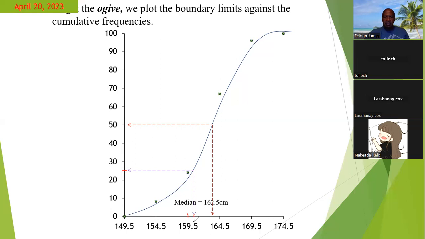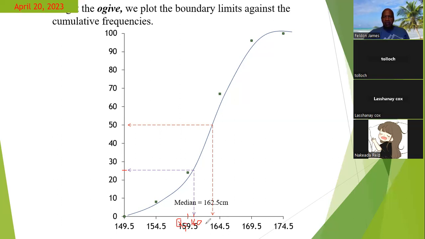So this 160 value will be our lower quartile value. We generally call this Q1. So Q1, which is our lower quartile value, would be approximately 160.